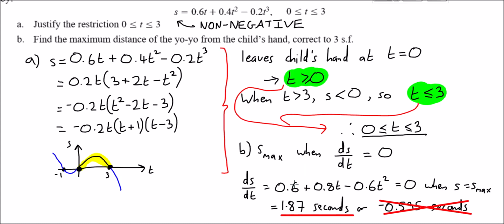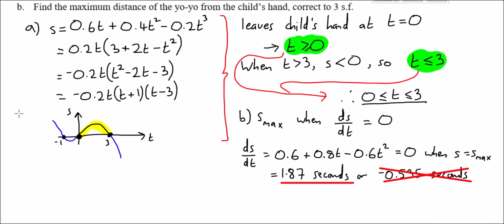So to avoid any rounding error, for part B, I'm going to input the time into this function to work out the maximum distance away from this child's hand. The maximum distance is going to happen at this time, but I'm going to take a more accurate answer for this time to avoid any rounding error. So if I just go back now and think about what this time was.